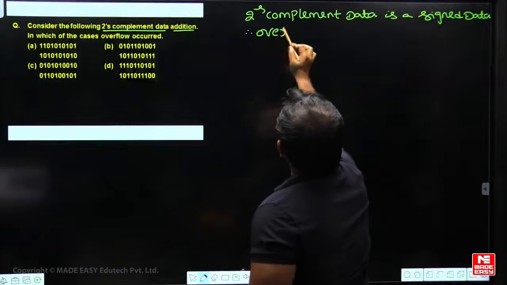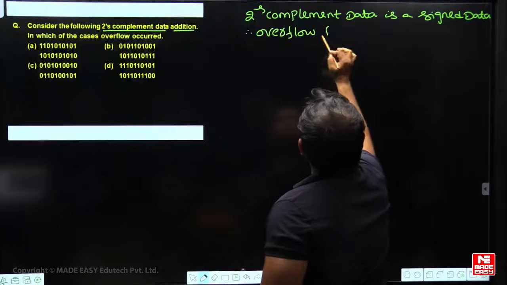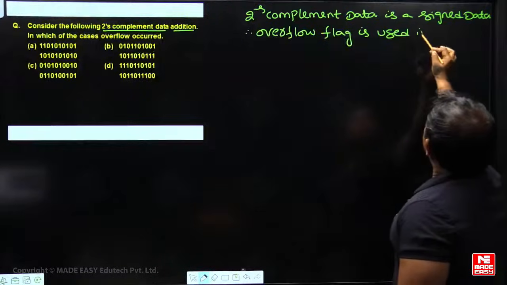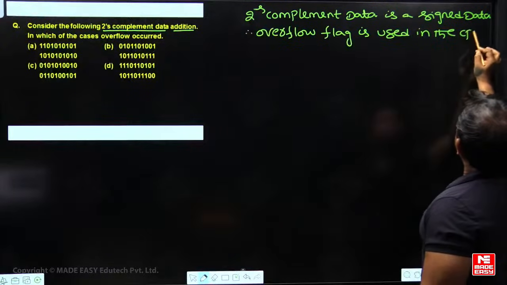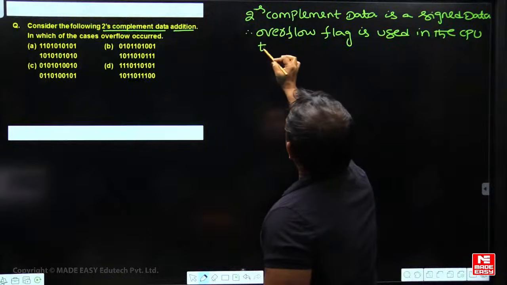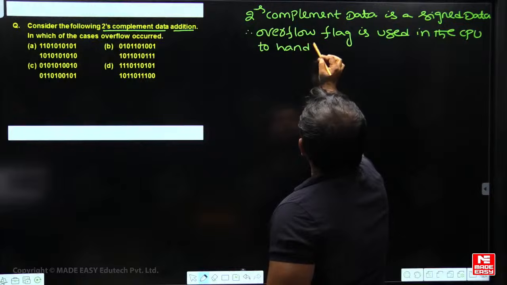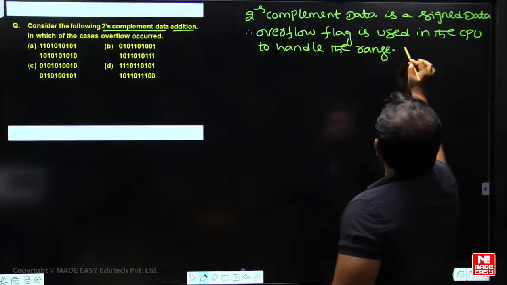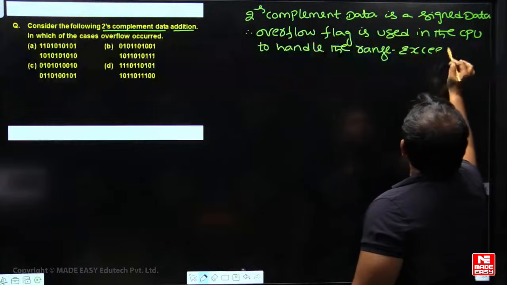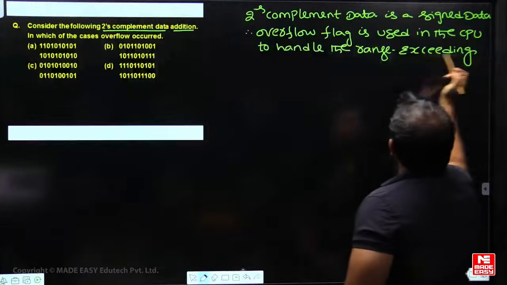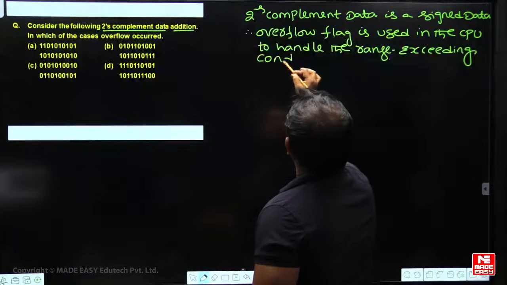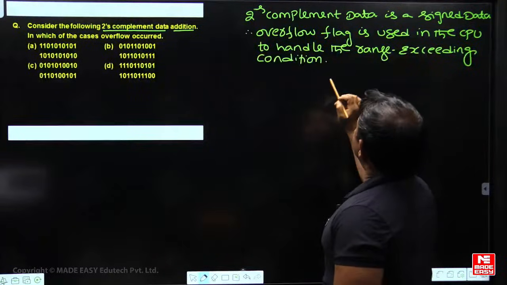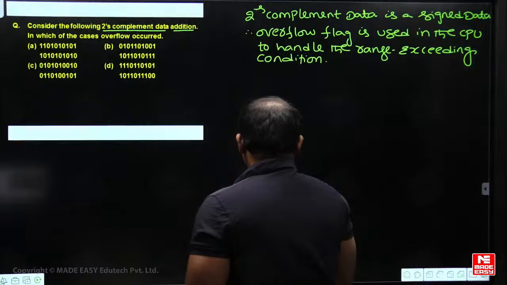Overflow flag is there, so manual verification is not required. Directly we have overflow, use complement directly, overflow flag.